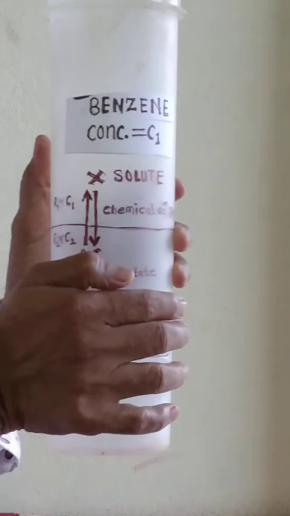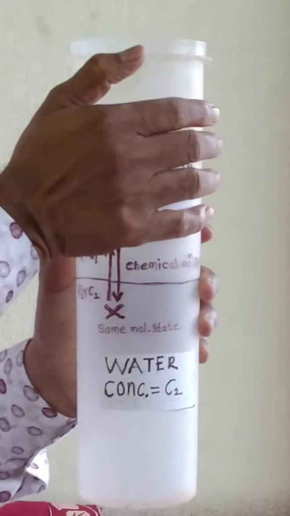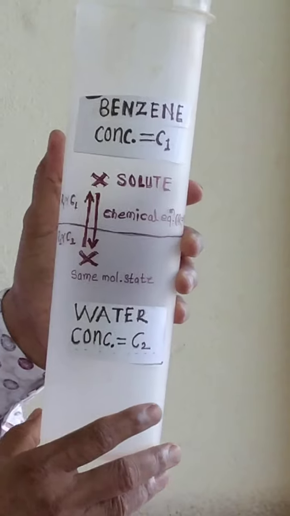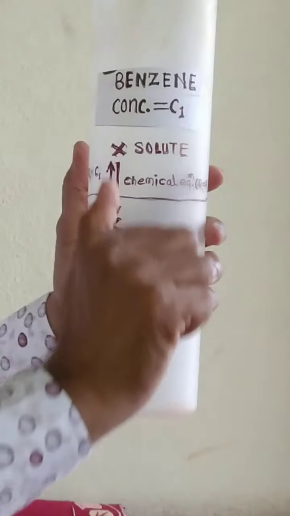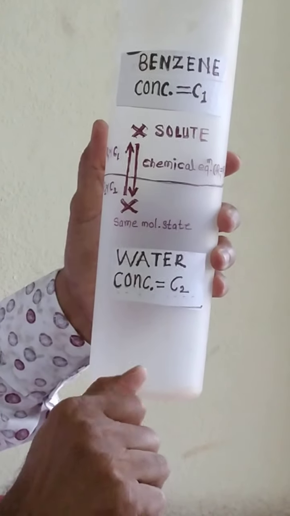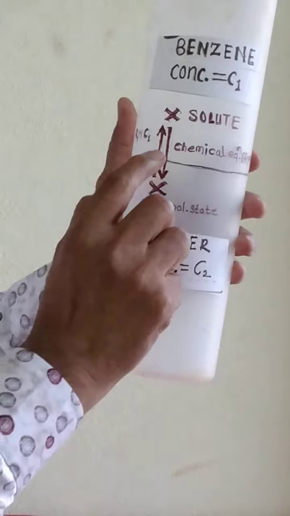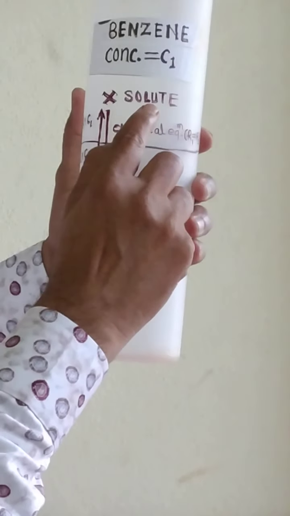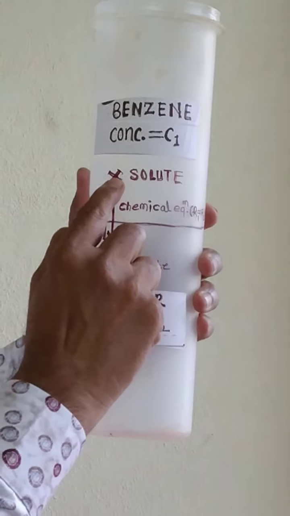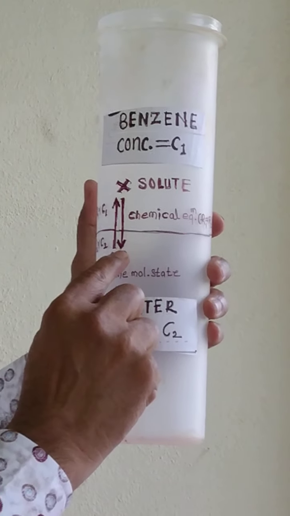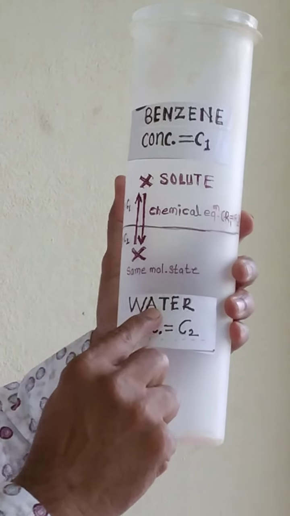This layer is the aqueous water layer and this one is the benzene layer. When a solute is added in a mixture of non-miscible solvents, the solute gets distributed. Suppose X is the solute and this solute distributes in both the solvents.